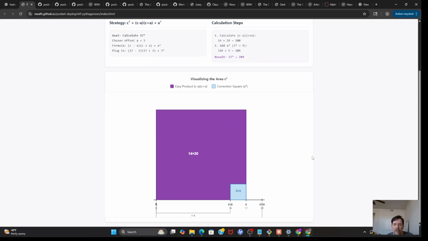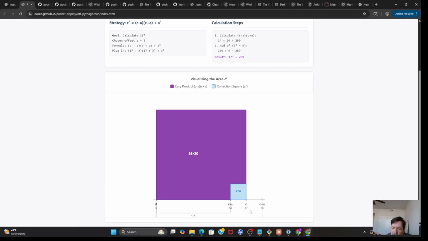If we choose 17, then we'll choose 3 again, and we get 17 and 20. We go up to 20 from 17. The product of the endpoints is 14 times 20. That's 280. That's easy. And then we add 9. That's 289, which is 17 squared.